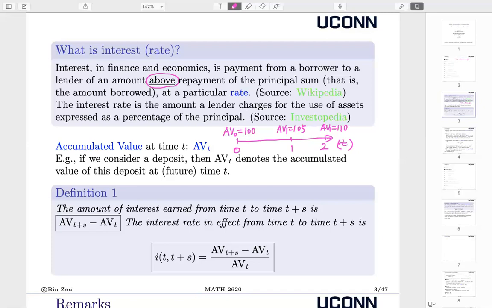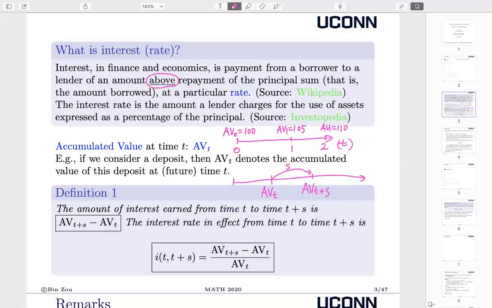The first important definition is about how we define interest rate, and here we can probably do the same thing using a timeline. So let's say here we have the account value at time t. Time goes forward by s amount of time. So right now we are at t plus s. Okay, the account value will change.